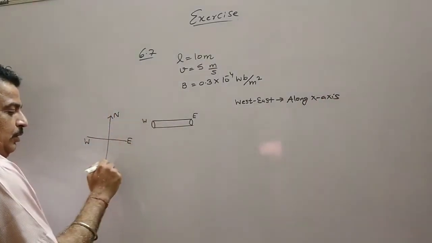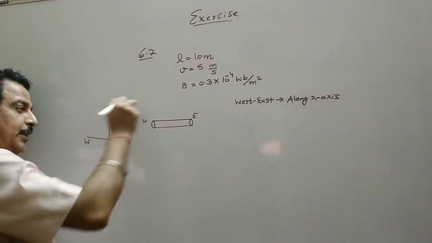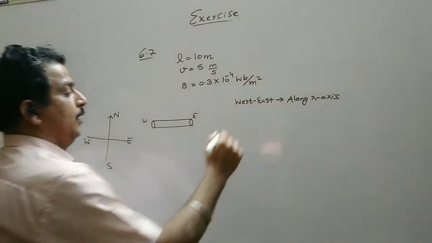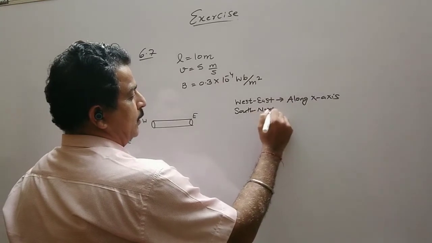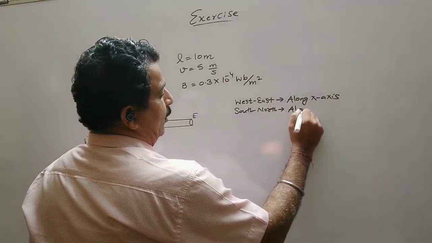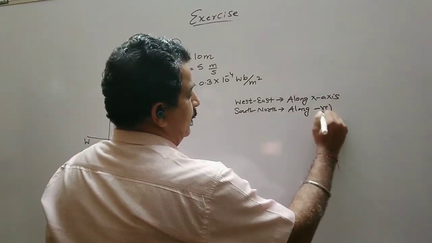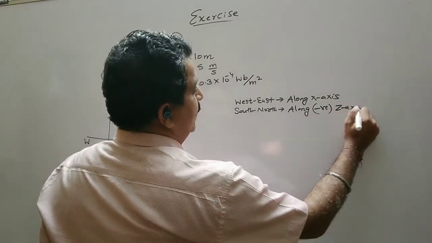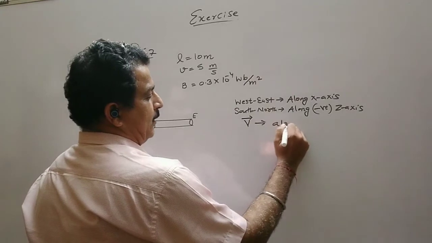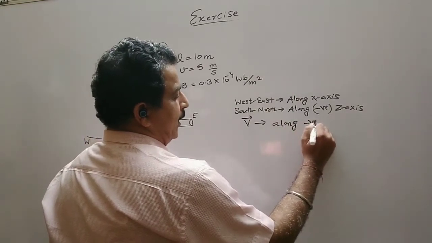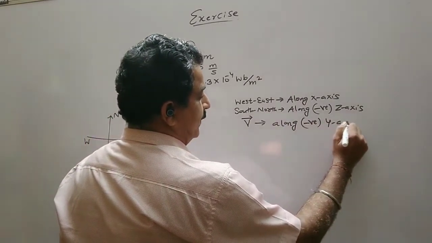Then south to north is going into the plane, along the negative z-axis, and the v vector is along the negative y-axis.